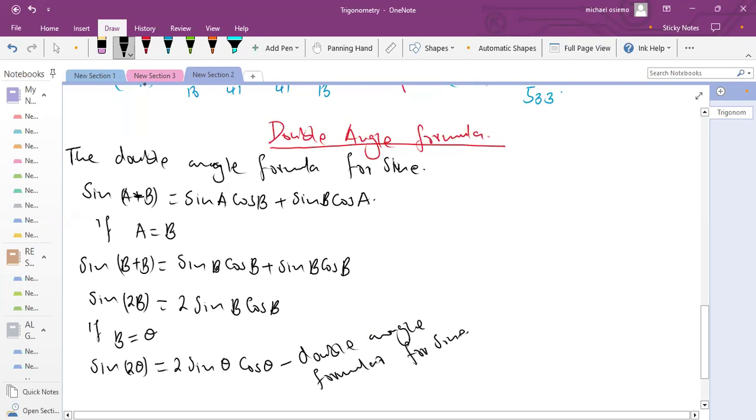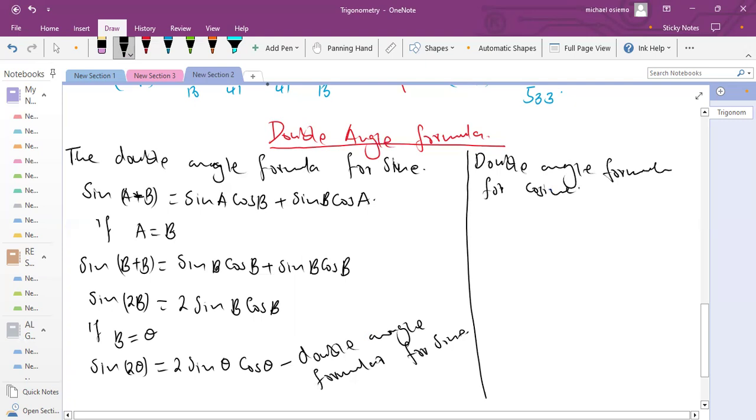Now, is it possible for you to develop a double angle formula for cos? Okay, fine, good. So what are you going to do? The same way, you're going to have this approach. The double angle formula for cosine.